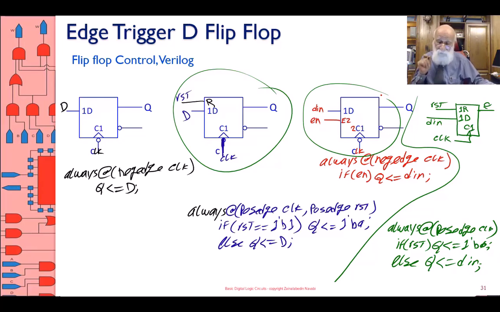That's one question. The other question is this one on the right-hand side. I'm assuming that the internal of my flip-flop has a synchronous reset. This is synchronous reset. Okay, what if it doesn't have? Can I add one to it?